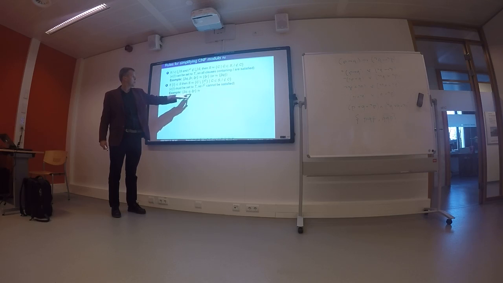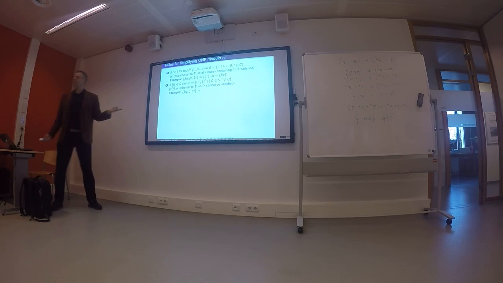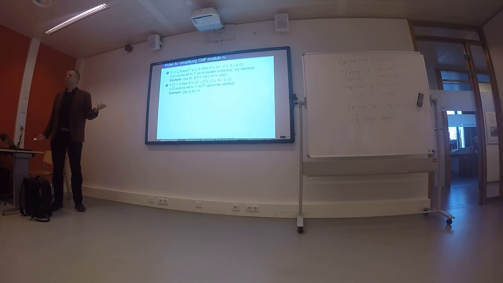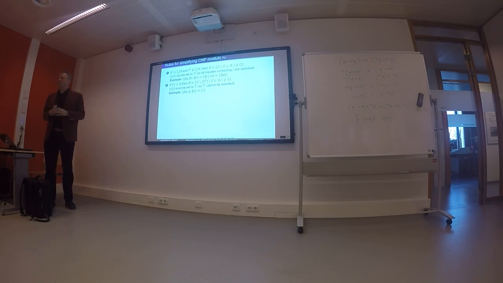In other words, I can remove this whole clause, and in this clause I can remove Q bar. So what am I left with? Just a singleton set consisting of the singleton clause R. Of course, I could do the same thing here, but it's now already so trivial that everyone can see that you satisfy this by setting R to true, and you're done.